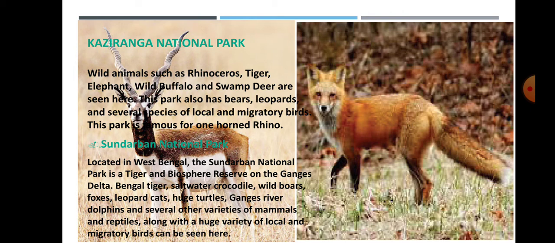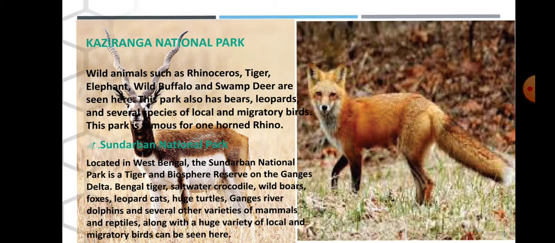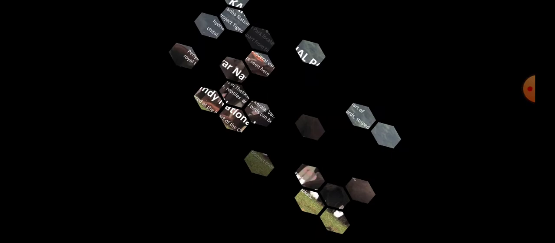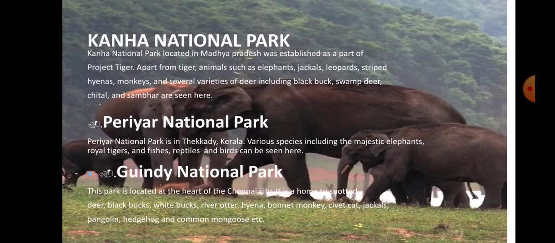Okay, the next park that we are going to discuss is Khana National Park. Students, shall we stop here and recap the parks that we have learned?